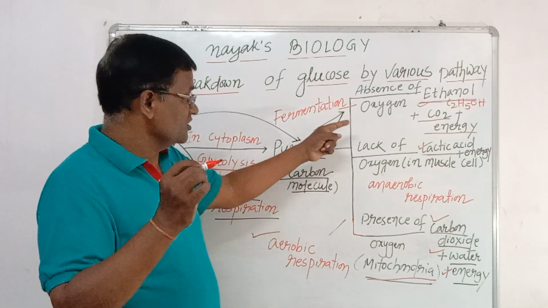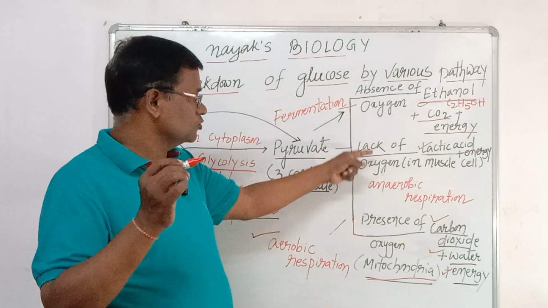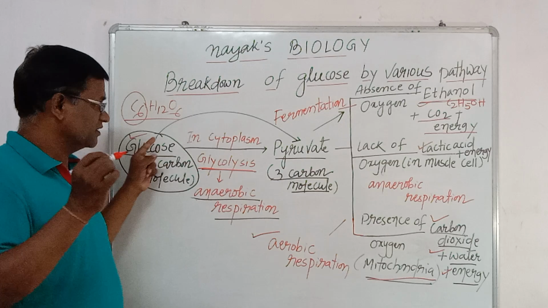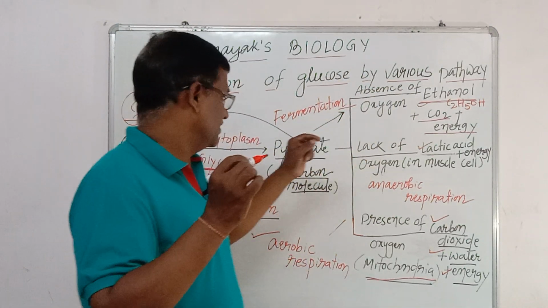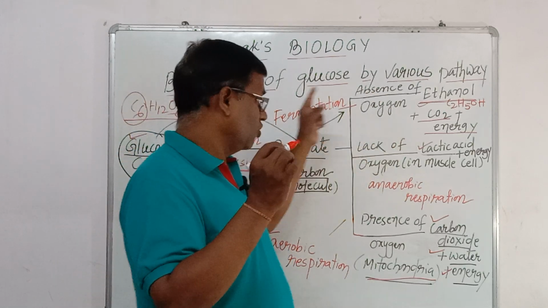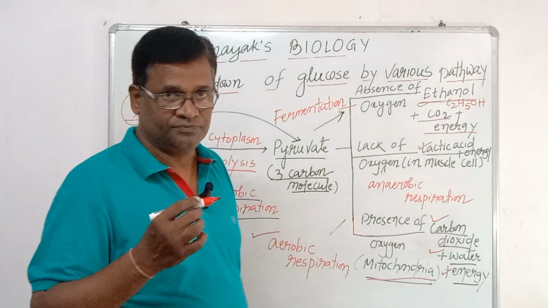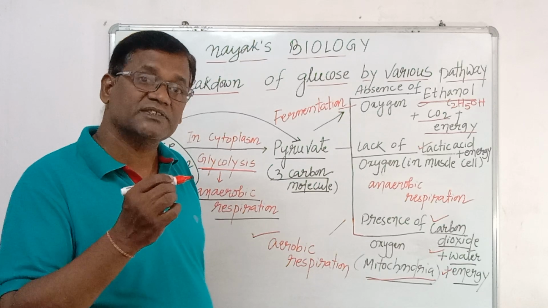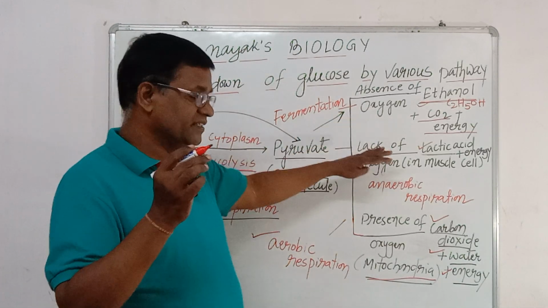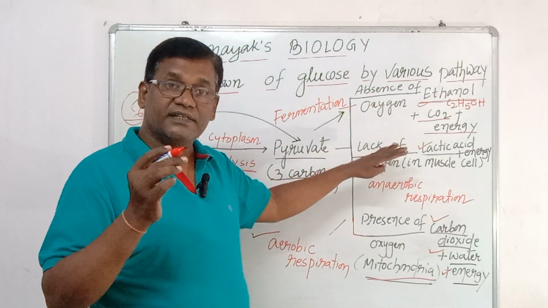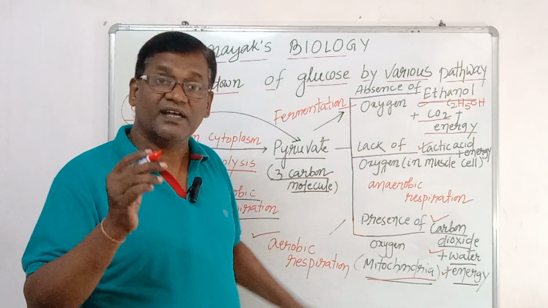Third point. In these two cases, when the glucose is converted into pyruvic acid, when the pyruvate is converted into ethanol, when the pyruvate is converted into lactic acid, all these things occur in the cytoplasm. Why does it occur in the cytoplasm? Because it occurs in the presence of enzymes.